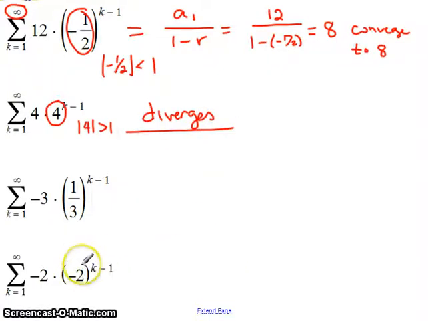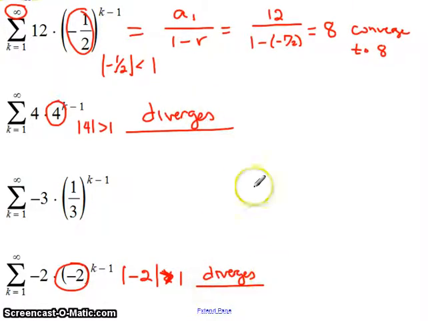If we skip down to this one here, we see that negative 2 in absolute value is less than 1. I'm sorry, is greater than 1. What am I talking about? Negative 2 is greater than 1, and so this also diverges. There's nothing to calculate. We just know it grows forever.